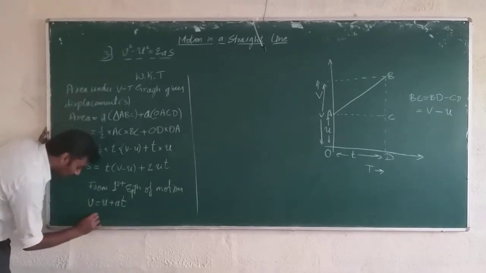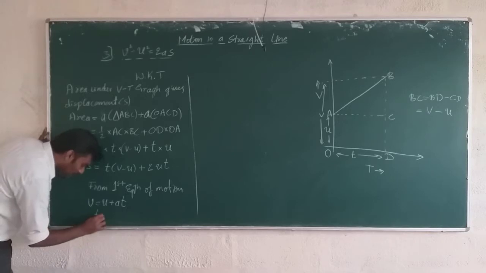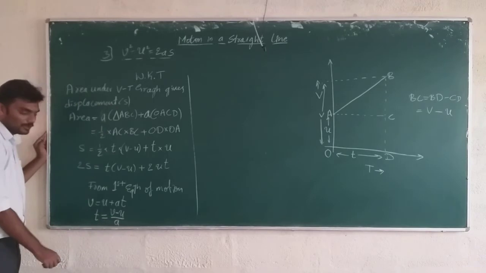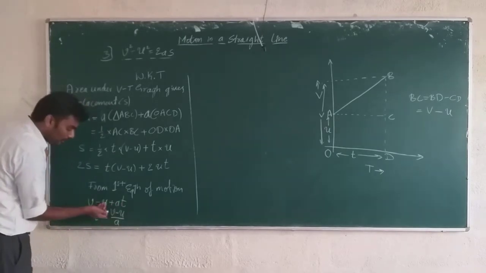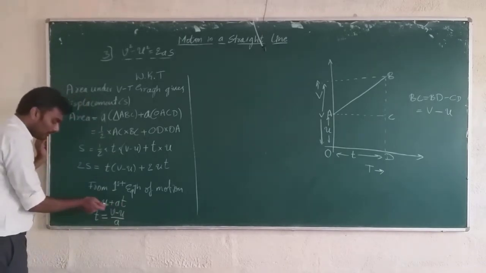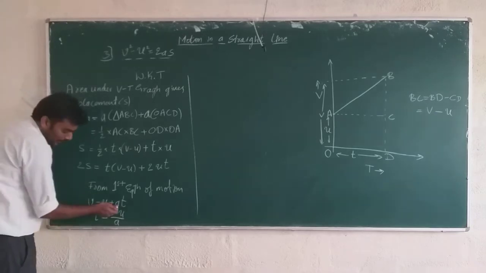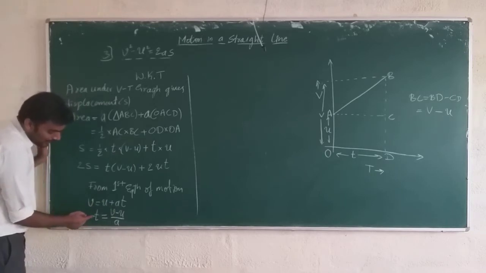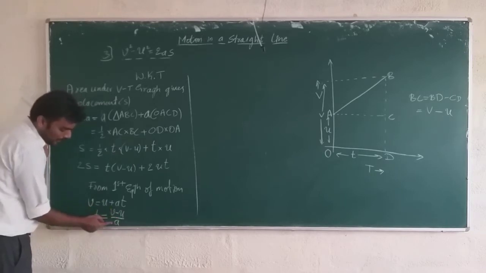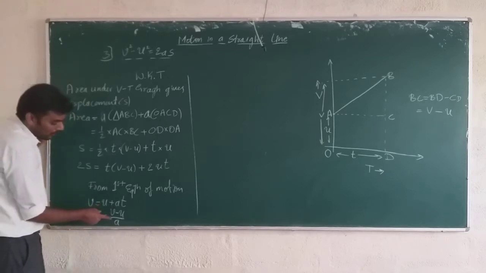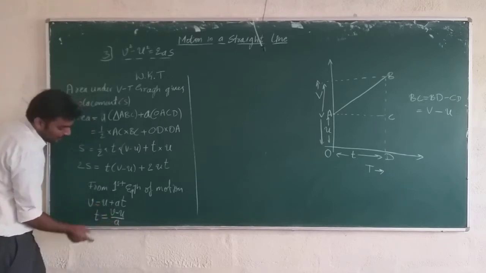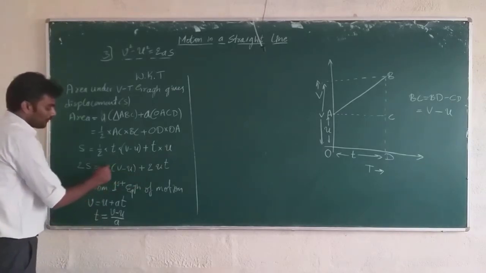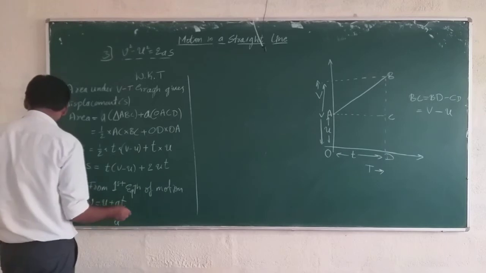And from the same expression, I can get T is equal to (V minus U) by A. You just send U here, it becomes V minus U is equal to AT, and then you send A. So using the first equation of motion, we get T is equal to (V minus U) by A. Now what I'll do is put this expression of T into the expression which we have come to so far.